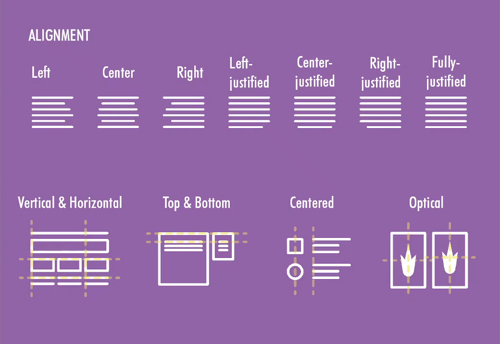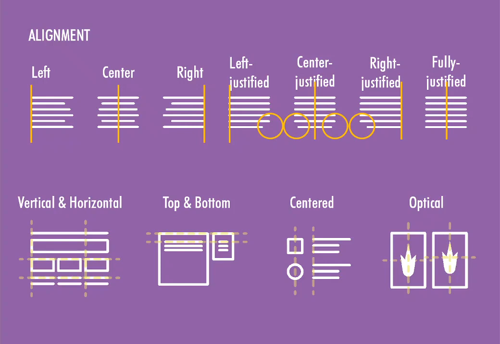Okay, let's see. You understand it from these lines I drew. Left aligned, center aligned, right aligned, left justified, center justified, right justified, fully justified. These alignments are usually used in texts and paragraphs, as you might have guessed.